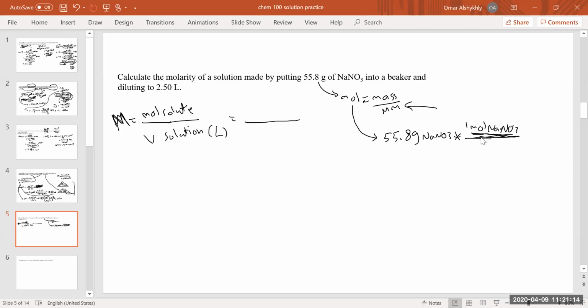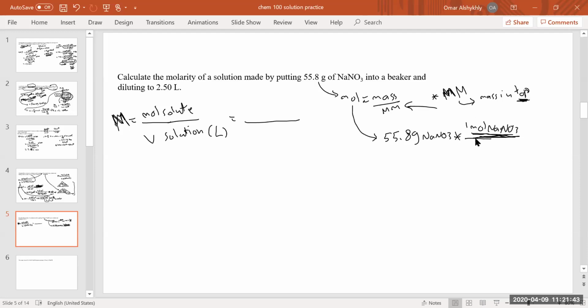But if we have multiplying molar mass, in that situation, you will put the mass in the top. Okay, 1 mole NaNO3. Why am I doing this? Because we need to be able to cancel.